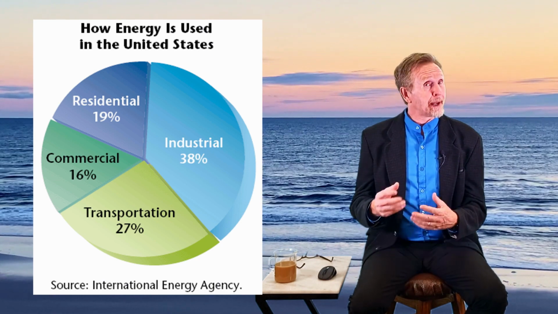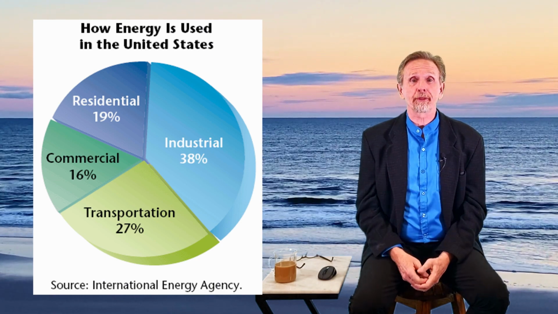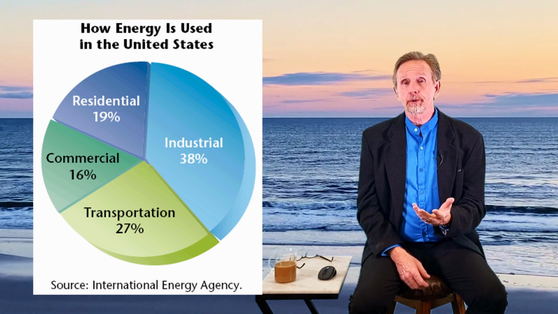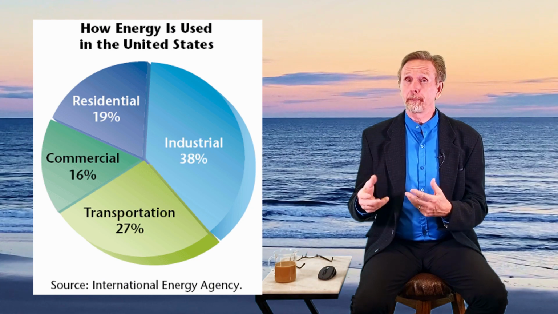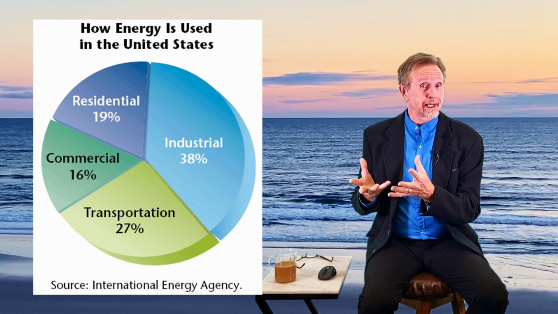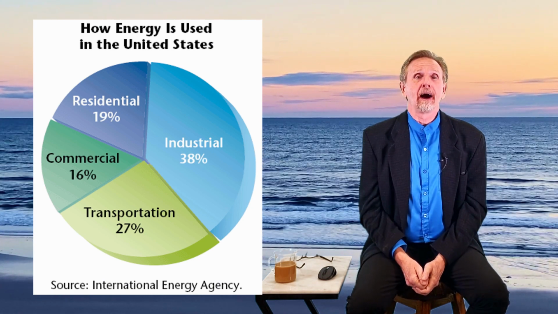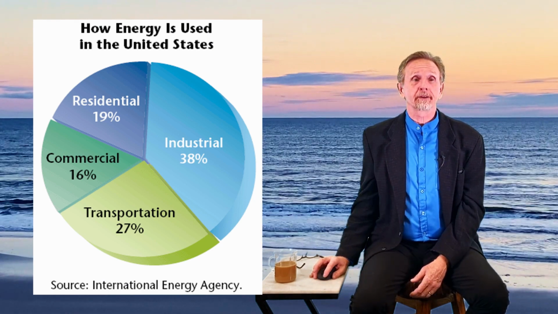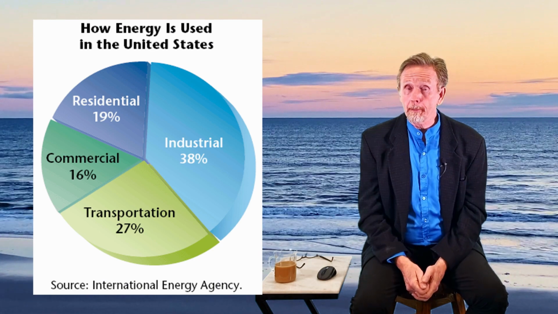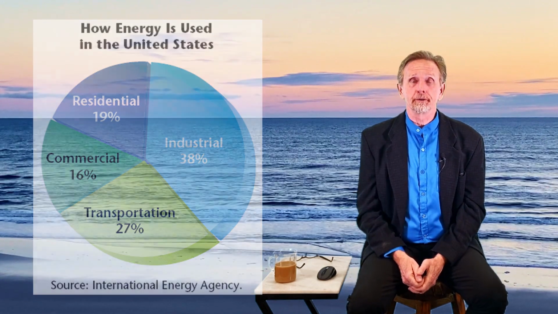Now, industry, manufacturing, making things is about 38%. Commercial, 16%, residential. Now, industrial here is going to also wind up being agriculture. It's kind of lumped in, it's not separated out in that. But this is, once again, just roughly how the United States is slicing up the pie of our energy use.